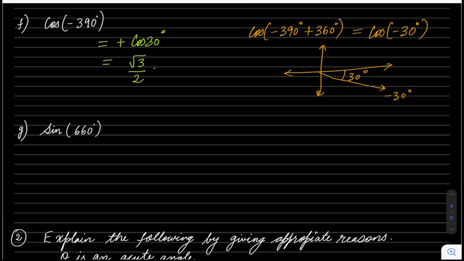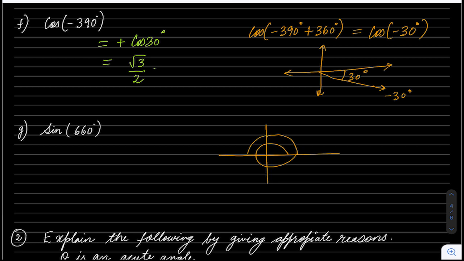Okay, next is sine of 660 degrees. Now this is way more than 360. So what we will do is, either you can go like this. This is my 90, 180, 270, 360. This is my 360.